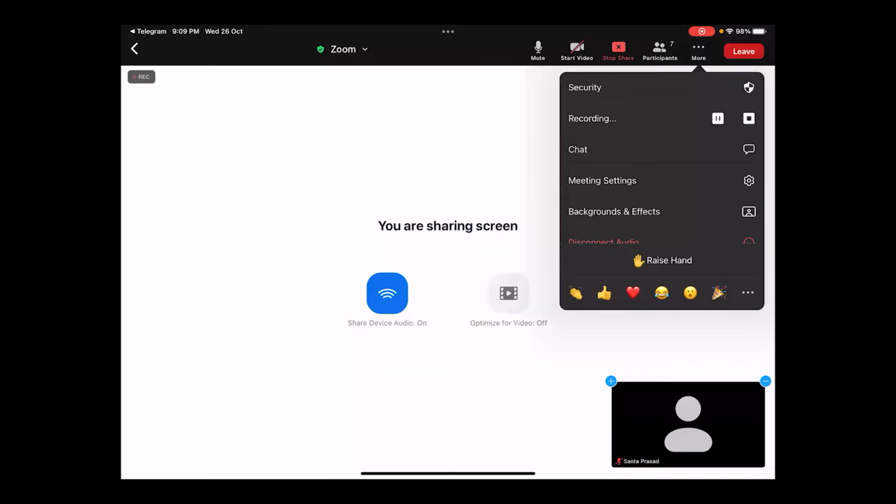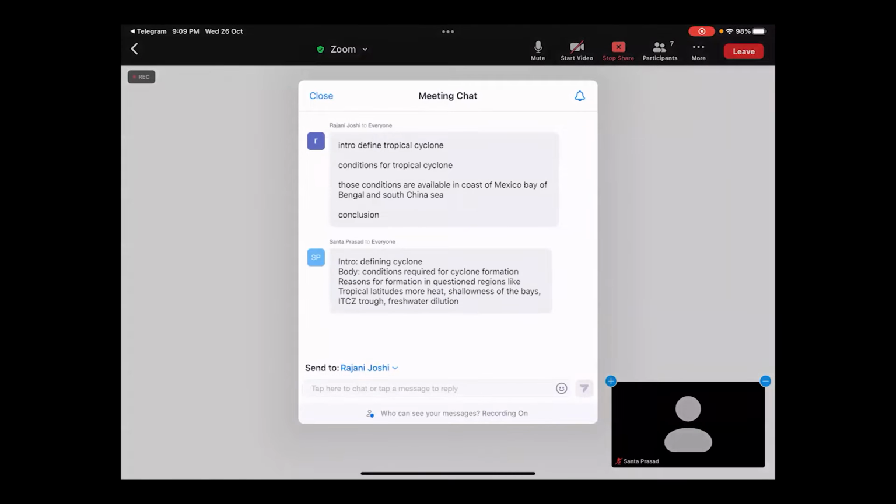Yes, Rajni, the framework is right. Basically, what the examiner is indirectly asking is what are the conditions required for the formation of tropical cyclones. So you have to establish those conditions, and then indicate the latitudes where these conditions are found in abundance.